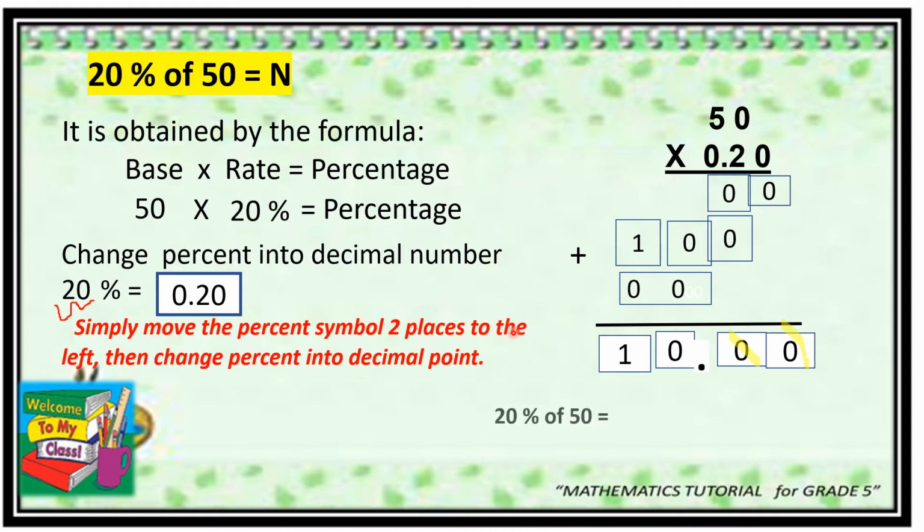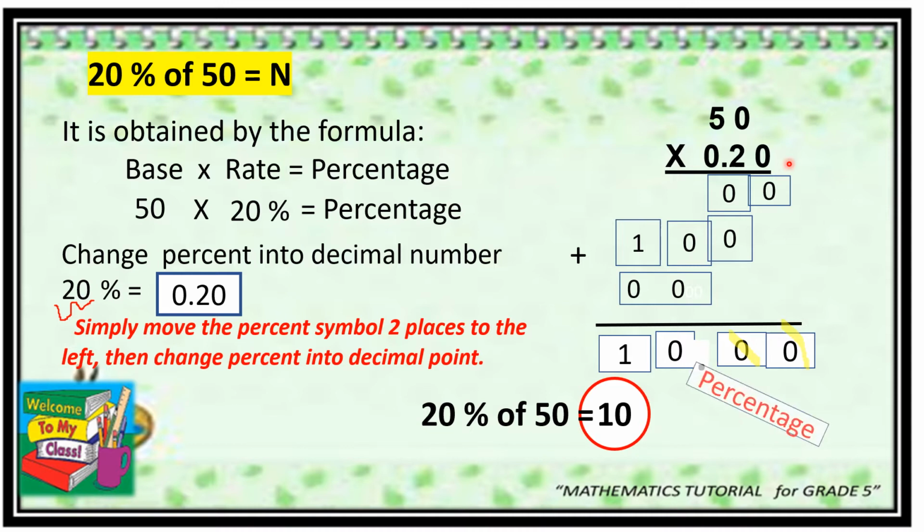Okay? Now, 20% of 50 equals 10. 10 is the percentage. So it means there are 10 mothers went to the market.